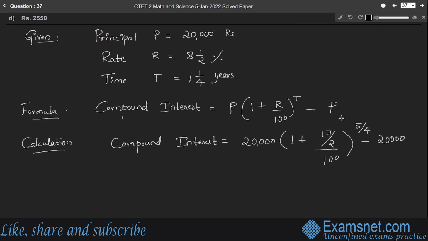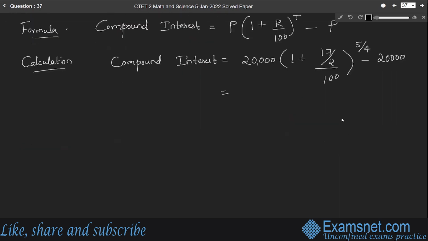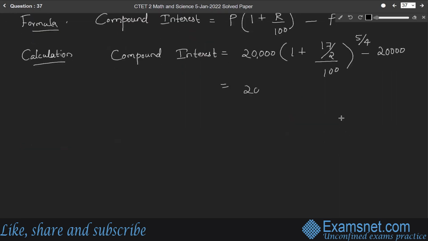20,000, which is equal to 20,000 into 1 plus 17 by 200 to the power of 5 by 4 minus 20,000, right?